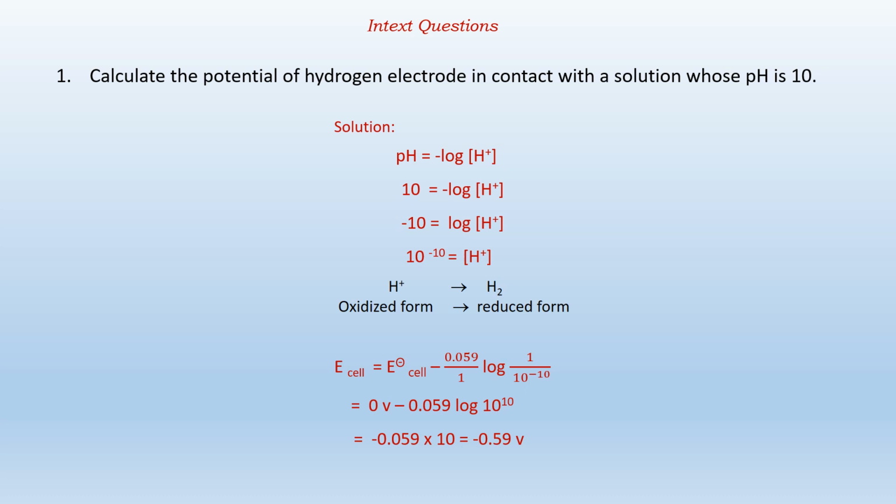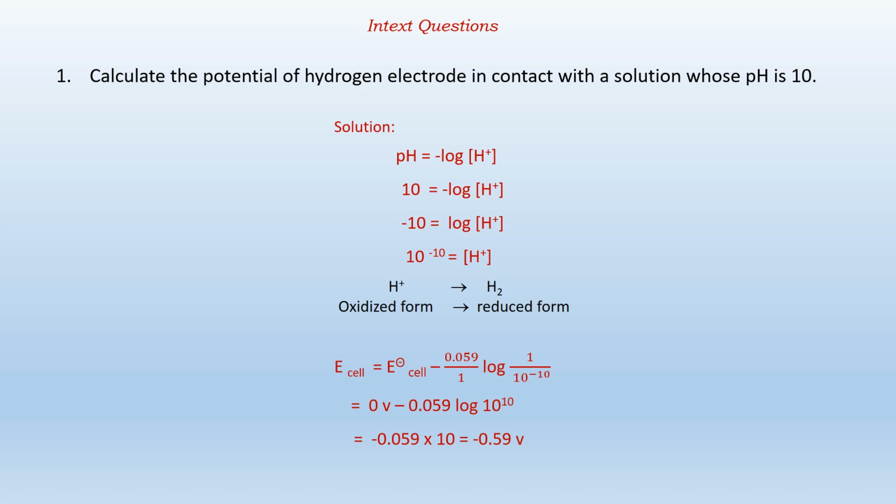The minus moves to the left hand side, and when the log moves from the right hand side to the left hand side, as I have already said, log has the base of 10, so it converts into the exponential form, that is 10 power of minus 10. So the hydrogen ion concentration is 10 power of minus 10 molar.